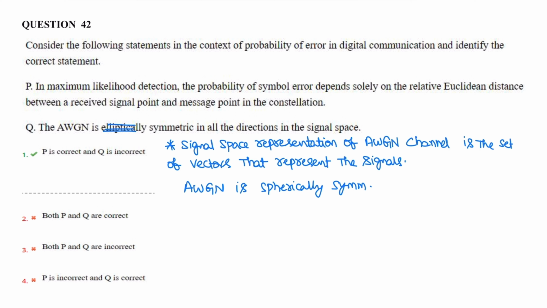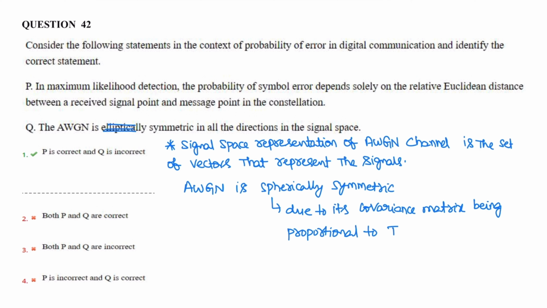It is spherically symmetric due to its covariance matrix being proportional to the identity matrix.